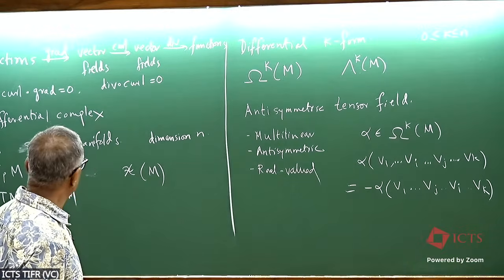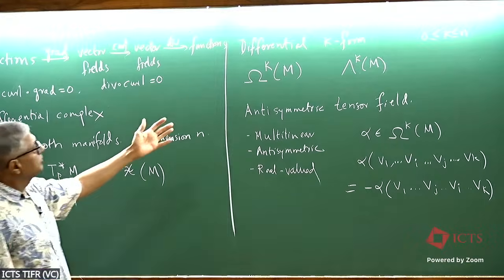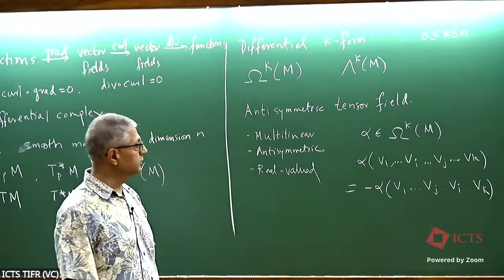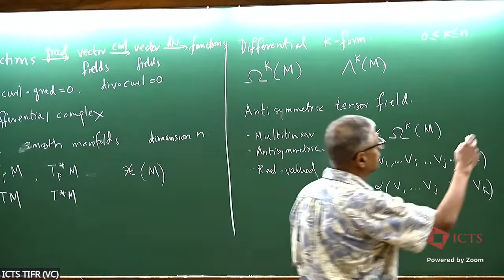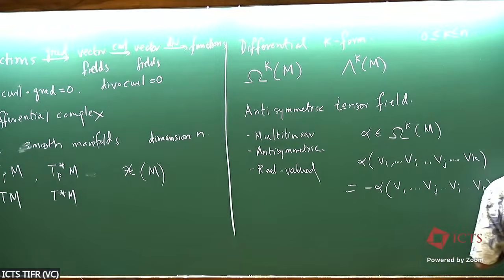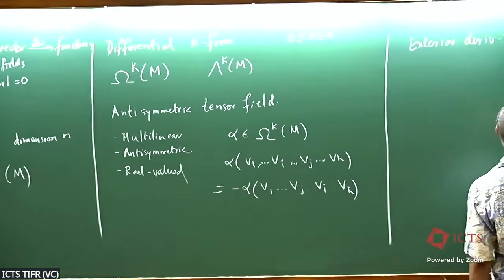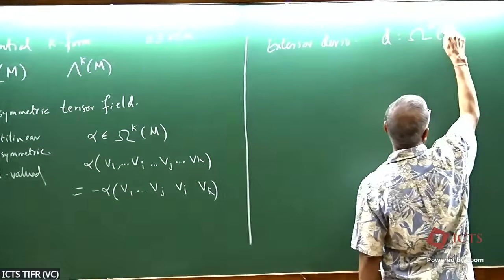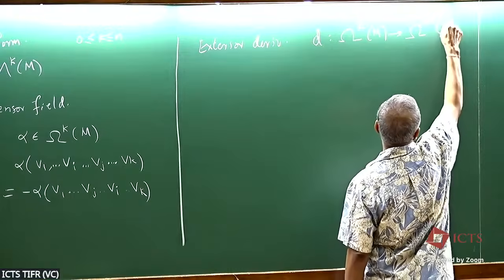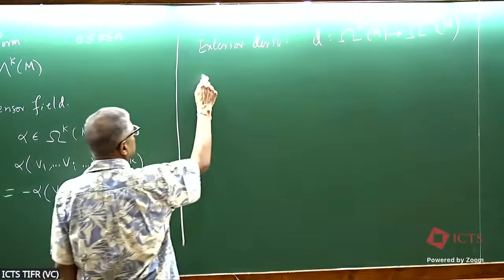Right, so let's see. Manifolds are where all the action is happening. These K forms are the main actors. And the main operator is the exterior derivative. It's a derivative that produces antisymmetric tensors of one degree more. And it has the key property that d squared is 0.